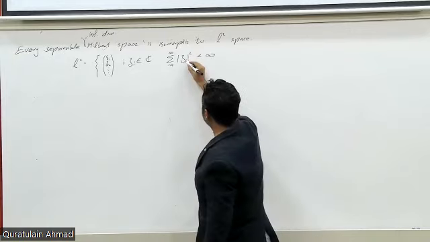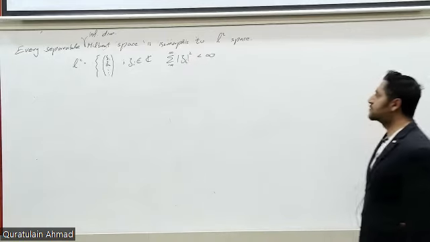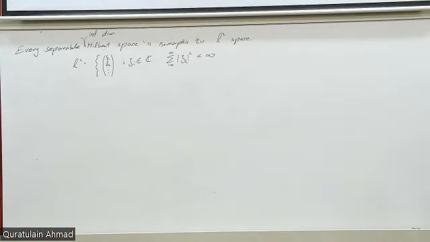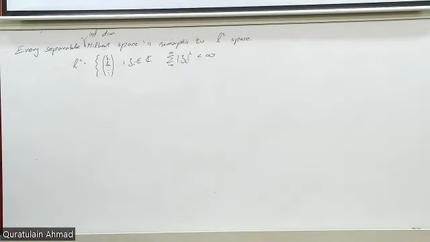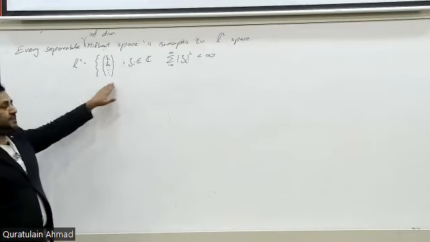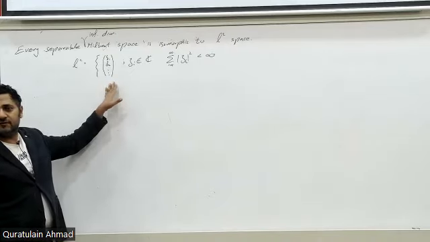You take the mod square and you add all of them. This is a convergent series. So every separable Hilbert space essentially can be mapped to these kinds of columns which have a finite norm.